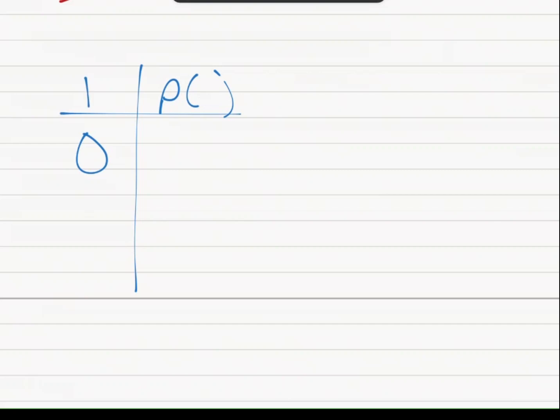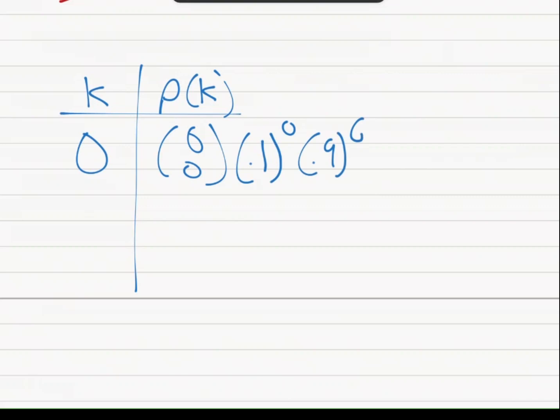So let's say k successes and the probability of k successes. Well, the probability of 0 successes is going to be 6 choose 0 times the probability of success, which is funny, it's actually the malfunction that is the success. So 0.1 to the 0 times 0.9 to the 6th. Well, both of the first 2 terms are 1. So this is just 0.9 to the 6th.